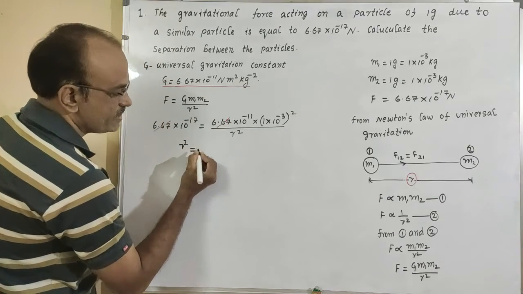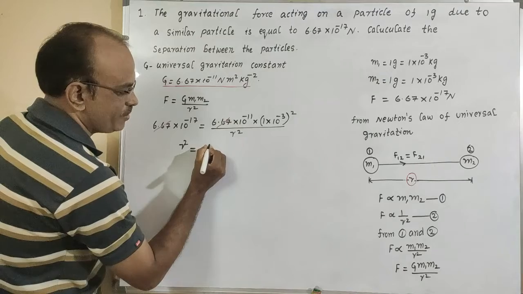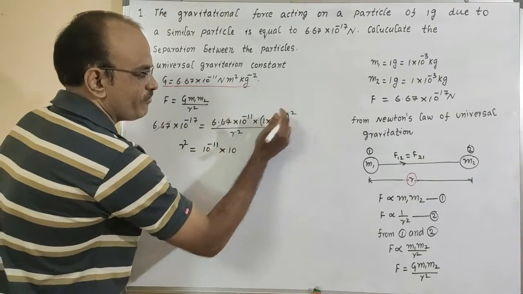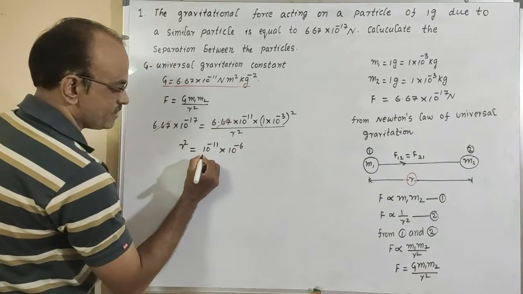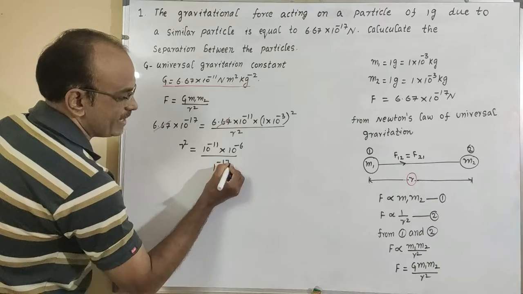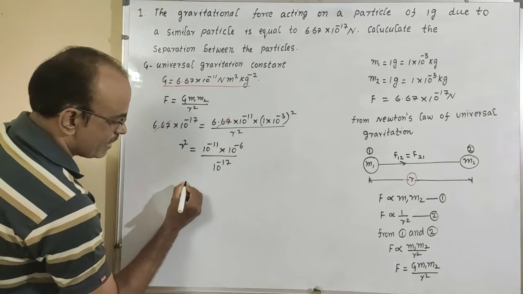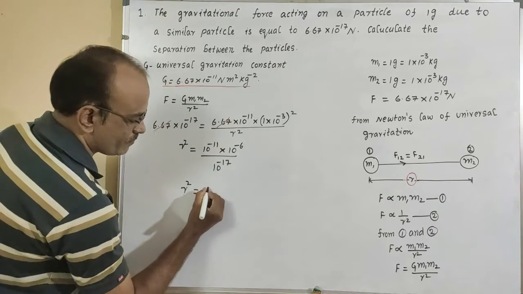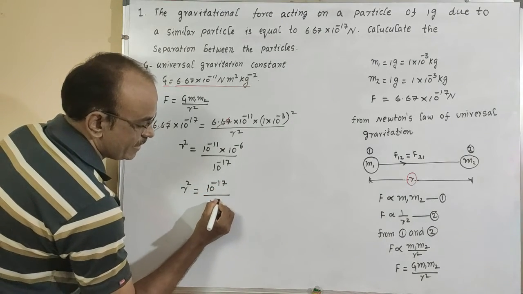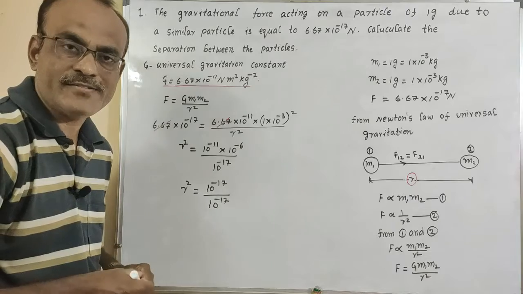R square is equal to the remaining 10 to the power of minus 11 into 10 to the power of minus 3 into 2, that is minus 6, divided by the remaining 10 to the power of minus 17. So here r square is equal to 10 to the power of minus 17 divided by 10 to the power of minus 17.